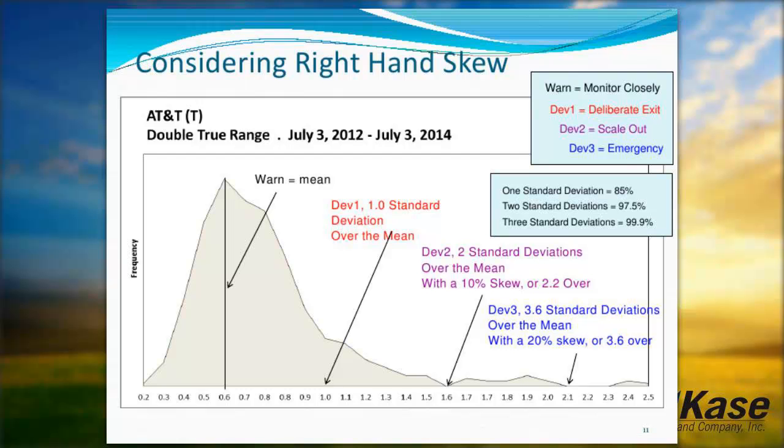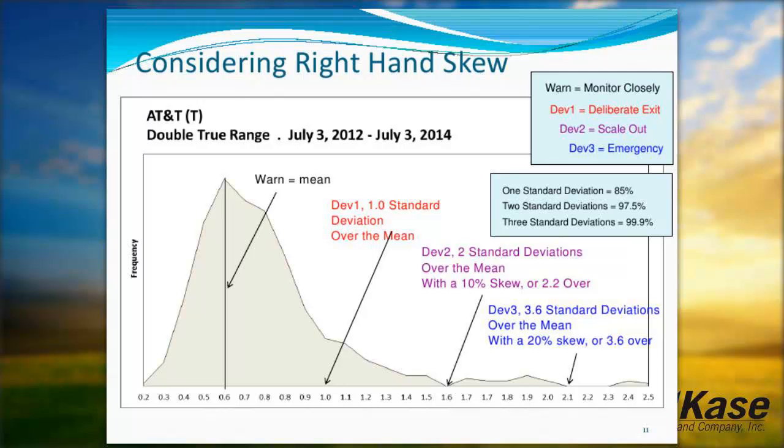So we did this big study to study the right-hand skew. And when we studied the right-hand skew, what we found was that basically for each standard deviation above 1, you have to correct by 10% to get something that's close to being equivalent to a normal standard deviation. So, for instance, at 2 standard deviations, you correct by 10%, meaning by 0.2.